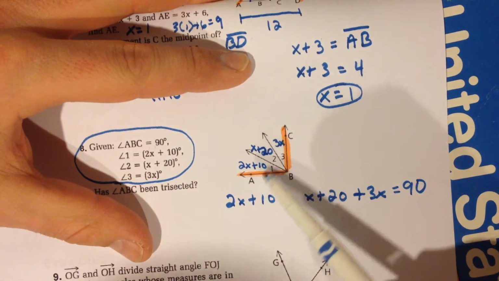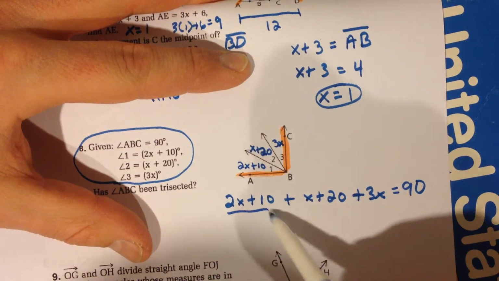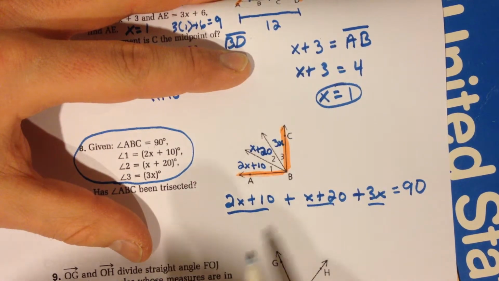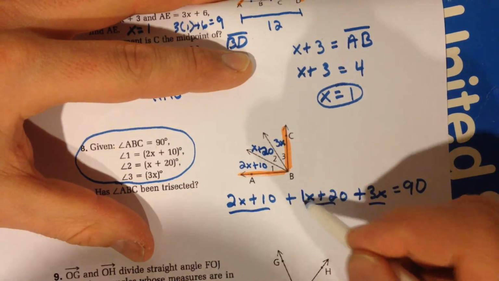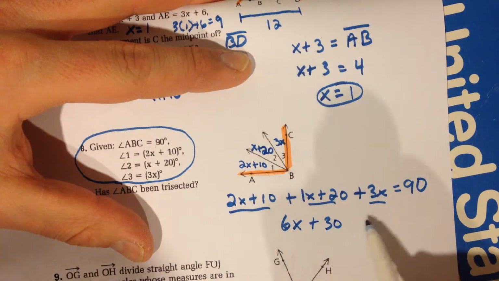That's the key. 3 angles added together. See, 1, 2, 3. Add together to get 90. So I have 2, 3, I have 6 x's. 10 and 20 make 30.